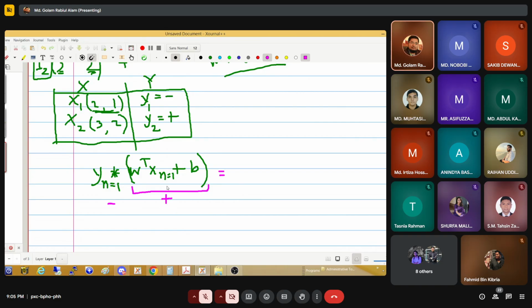Whatever the positive, maybe positive 1, positive 2, here is the negative 1, then it will provide us the negative. Minus, here is the plus, that means negative. You can consider like negative 1, positive 3. If we multiply these two, then we will get the negative 3. Okay? So that is the negative.